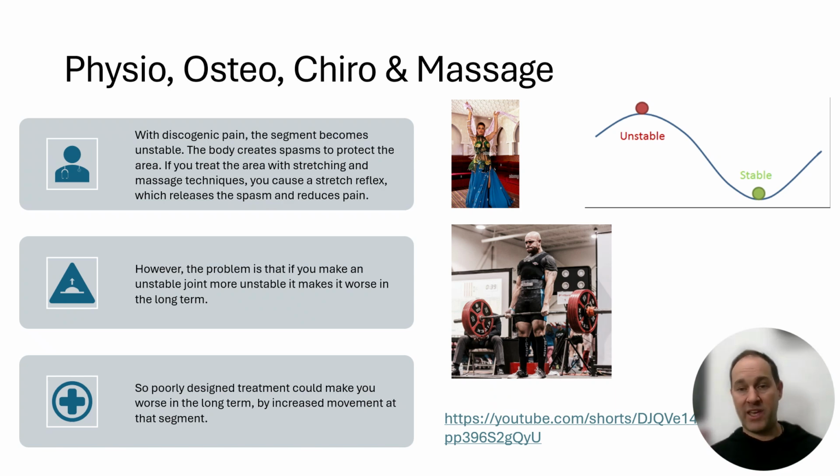That spasm exists because it's the body's way of stopping that hypermobile, unstable joint from continuing to move and damaging the tissue around it. So a poorly designed treatment program in the long term could make you worse. So you have to think, what am I actually doing here? What am I actually getting out of this?